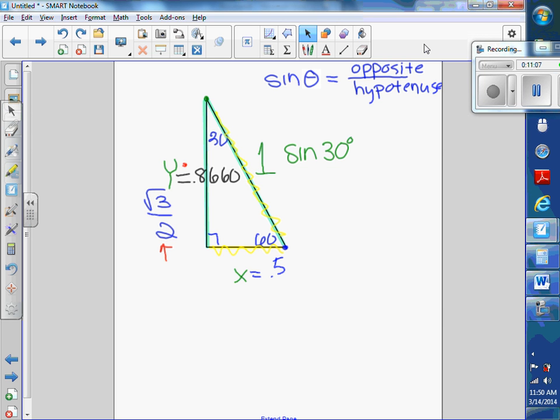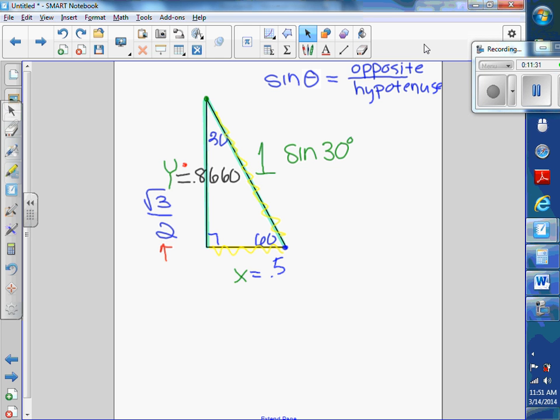So, when you use right triangle trig, you only use it for the non-right angles. It only applies to the angles that aren't right angles. Why it works is too complicated. You need to go to school next year to answer that question. That's a whole other subject.